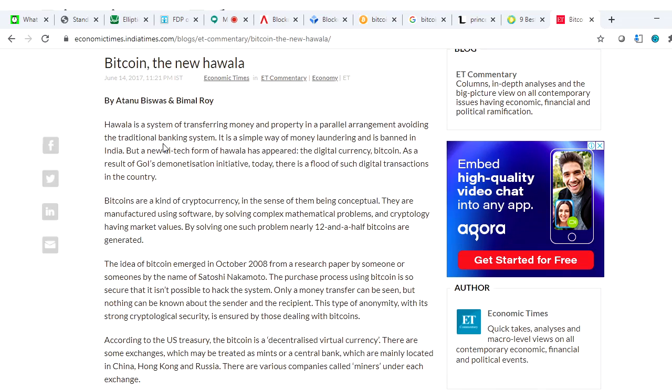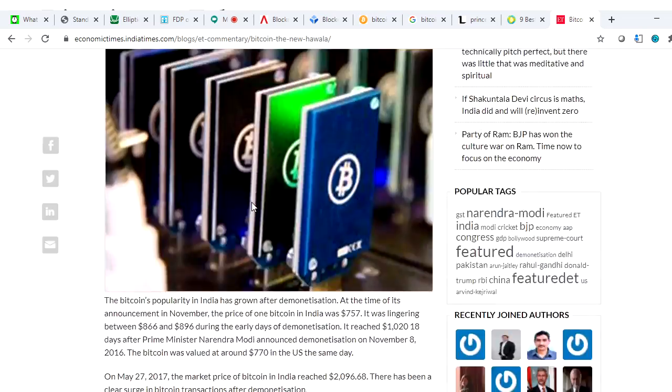Then this article attracted the attention of the ED, Enforcement Directorate, and NSA, and they called him for more clarity on this. He said that tomorrow I am leaving for the ED office so that I will present what more things are there in this. So this is the eye-opening thing, right?